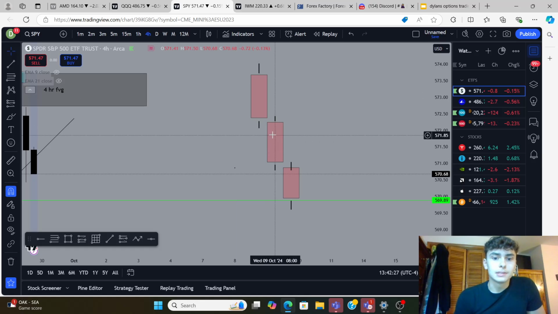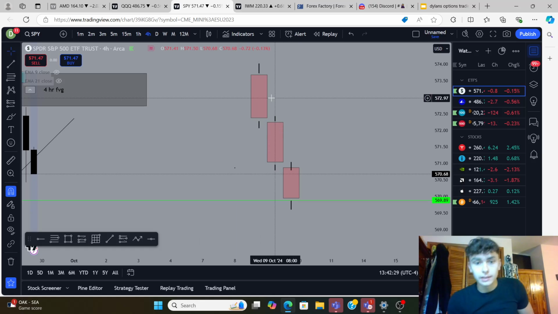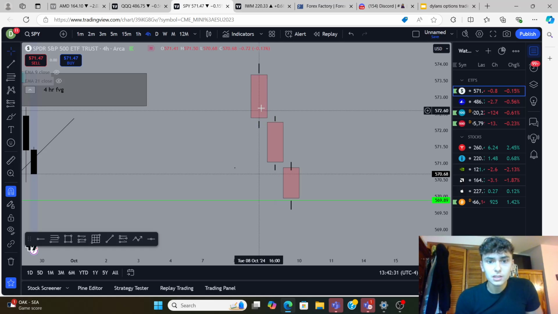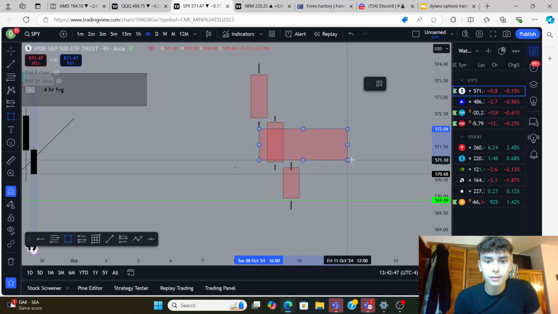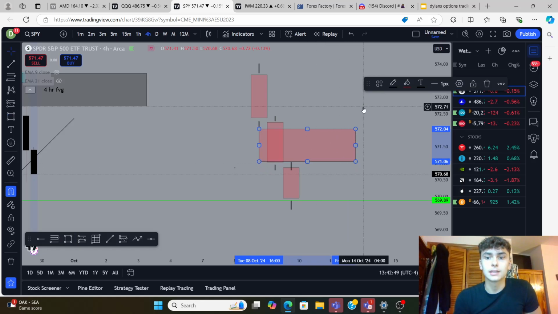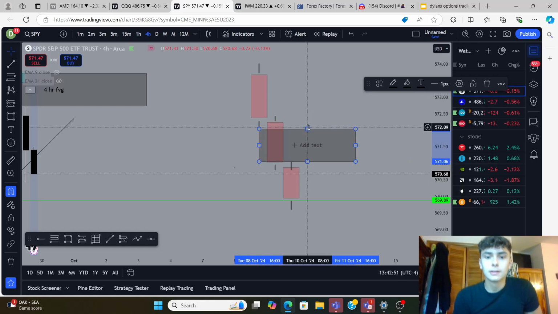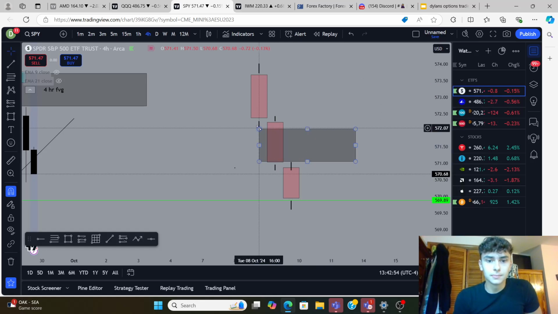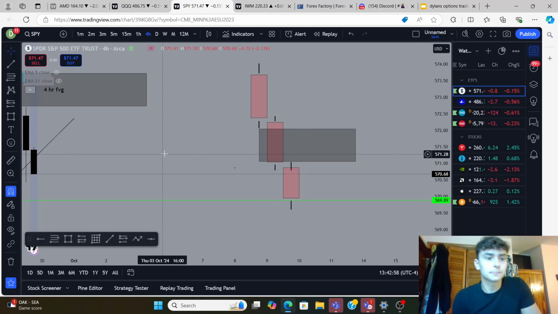The fair value gap is an imbalance, an inefficiency in price. We see price rapidly displace right here, three candles. Let's just say this is the 4 hour time frame. Our fair value gap is the gap in the middle of these three candles, from the bottom wick of the first candle to the top wick of the third.